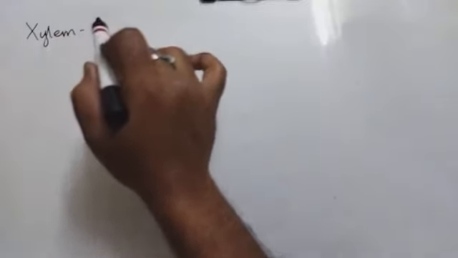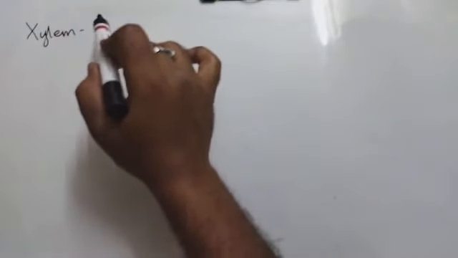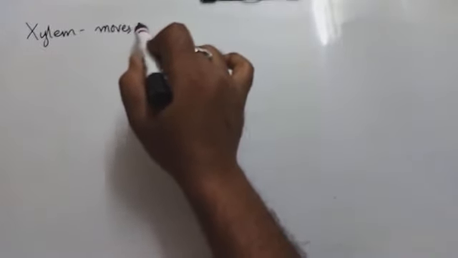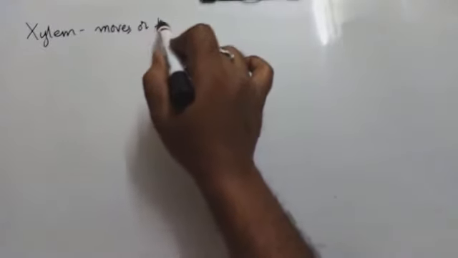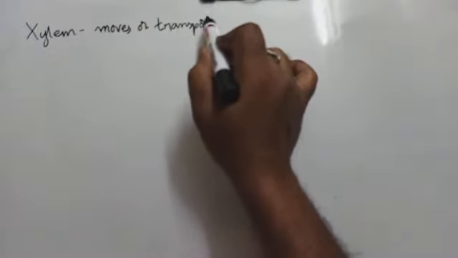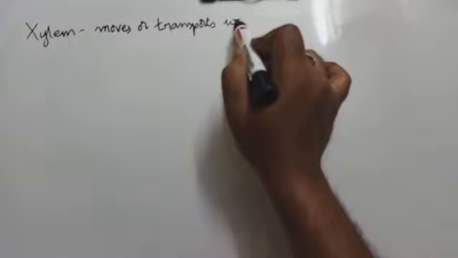In the plant transportation system, two tissues are there, xylem and phloem. Xylem transports water and minerals.